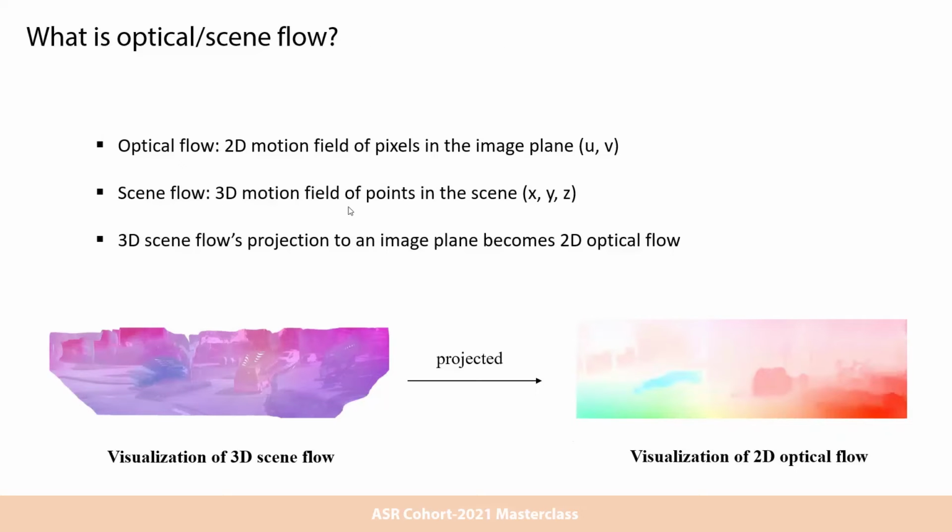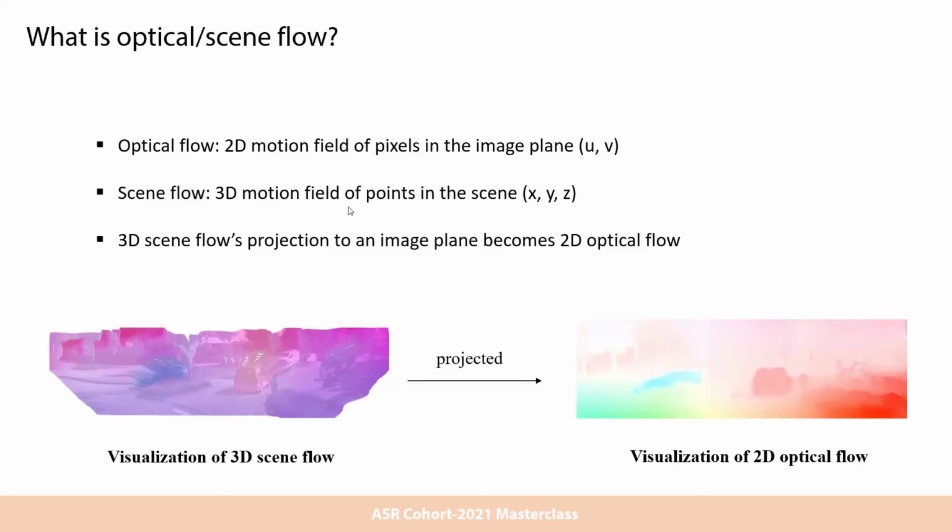So let's move to the definition of optic flow and scene flow. Optic flow is a 2D motion field of the pixels in the image plane. For each pixel, the output has two values indicating the motion along the vertical and horizontal axes, respectively. While scene flow is the 3D motion field of the points in the scene.